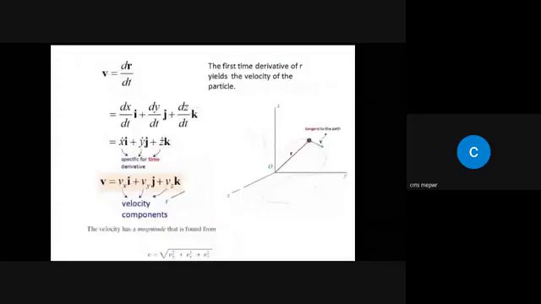Okay, now for velocity, we have dr by dt, and r is a function, which can be written in the form of its components: xi plus yj plus zk.